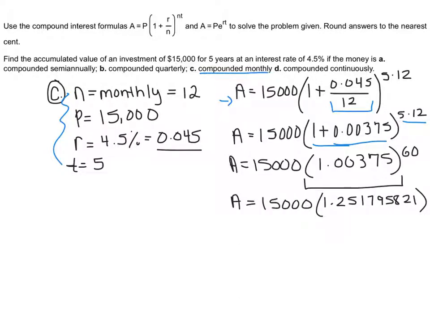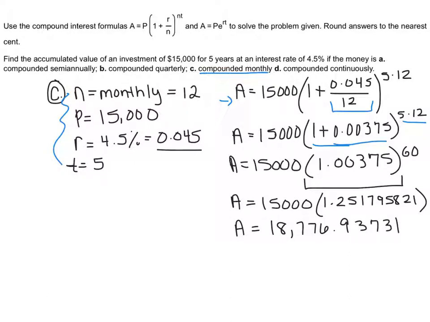When I do that, I get A equals 15,000 times 1.251795821. Lastly, we'll just multiply those two values together, and we get 18,776.93731.